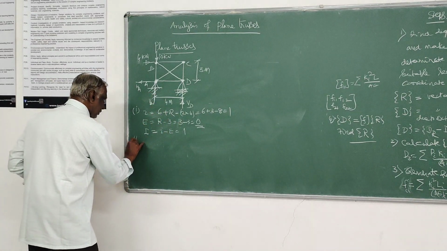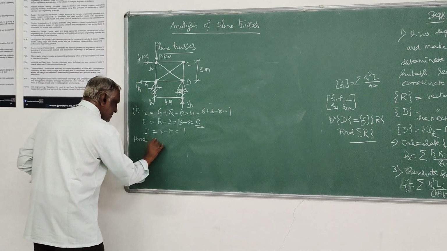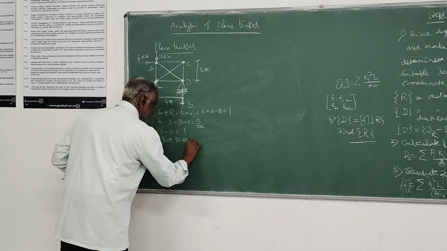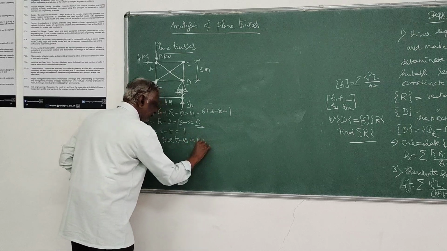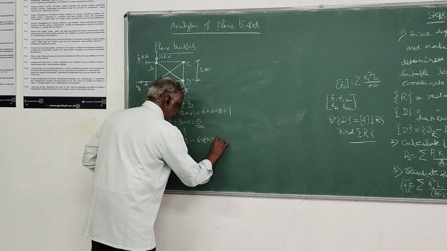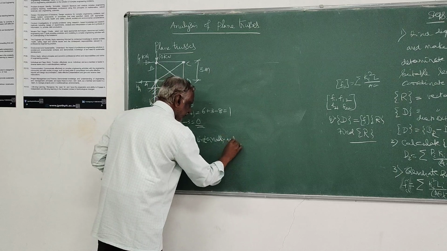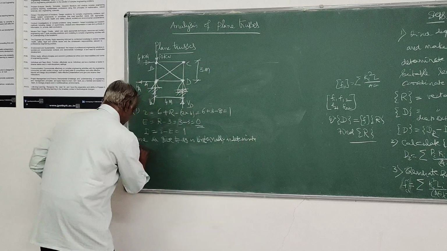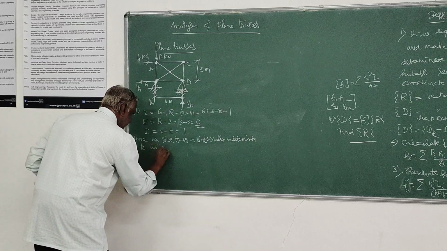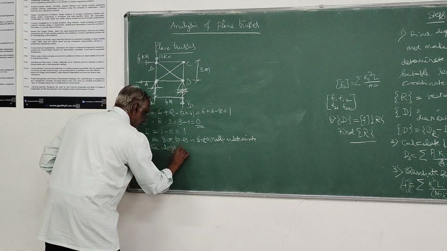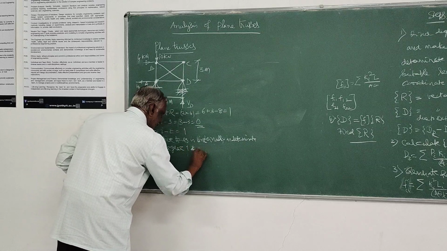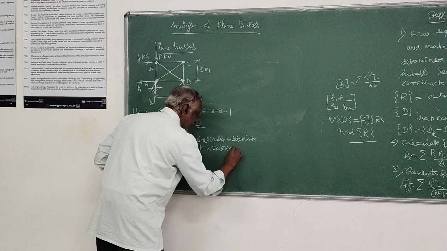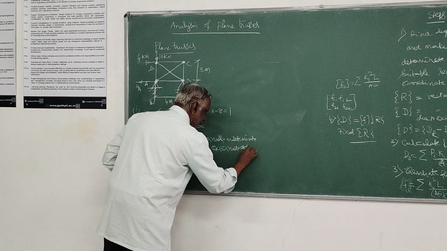So you can conclude that the given truss is internally indeterminate to the degree 1, and it is externally determinate.